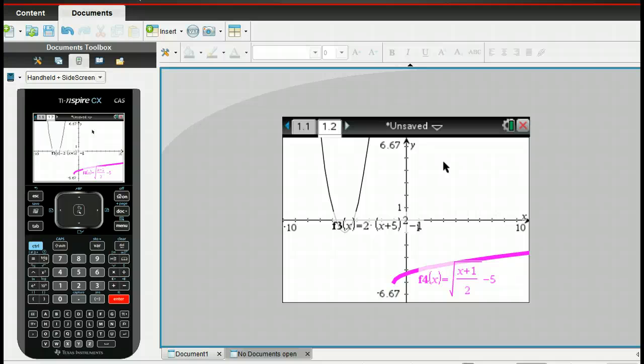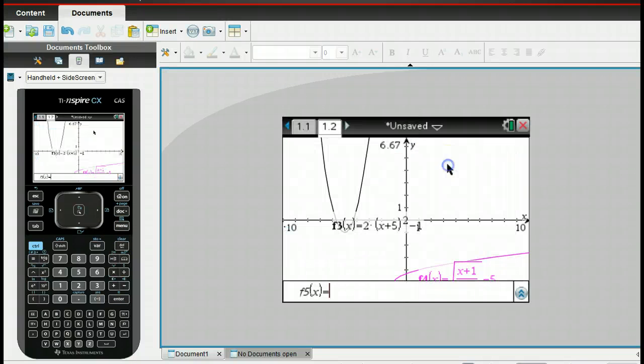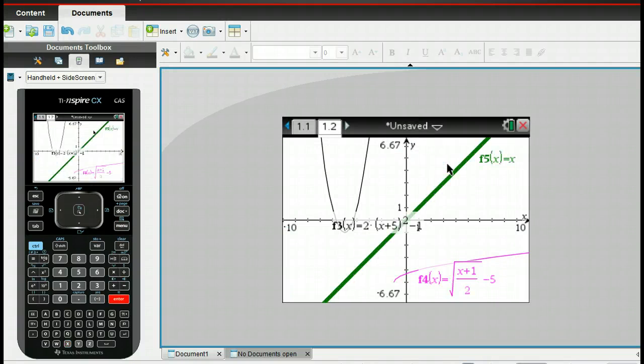So if I were to actually put in the equation y equals x, is that the mirror image of it? Yep, it is. So the new vertex changes, just switching the y and the x, so you're going from here to here. And it's a new parabola, lying on its side.